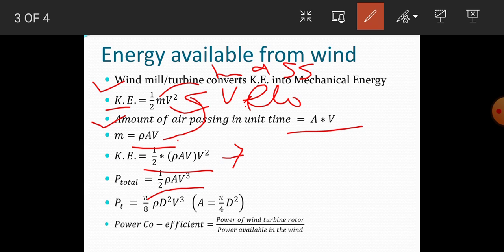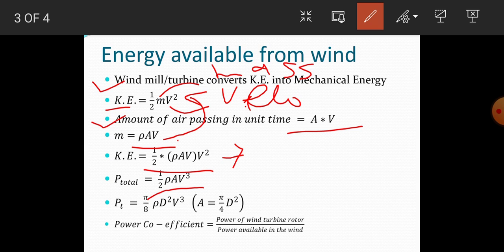So it is clear that the total wind power varies as the cube of the wind velocity, and is directly proportional to wind density and directly proportional to the area of the stream. So the wind turbine produces maximum power at high wind velocity. Wind velocities below 5 meters per second and above 25 meters per second are not suitable for a wind turbine.